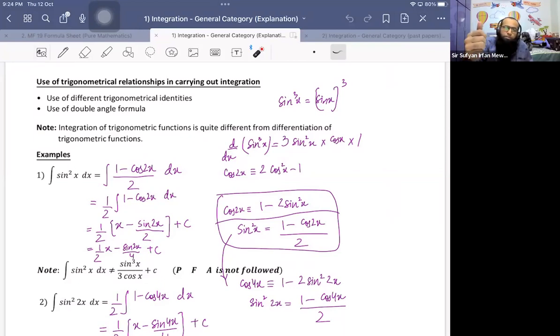Whether you do differentiation, integration, differential equations, numerical solution of equations, even complex numbers. Vectors is an exception. There is no involvement of trigonometry in vectors. But even in vectors, to find the angle, we use cos. However, there is no use of trigonometric identities over there.